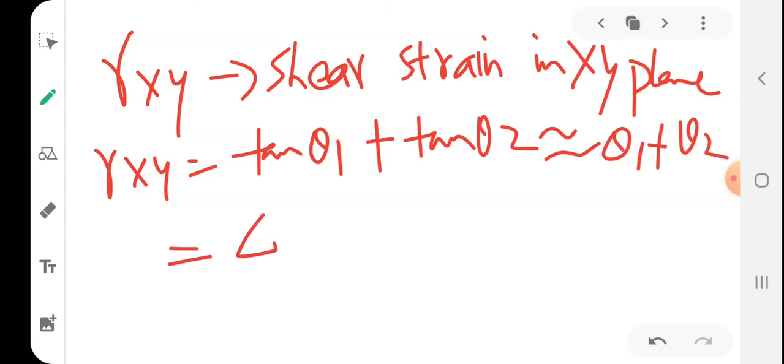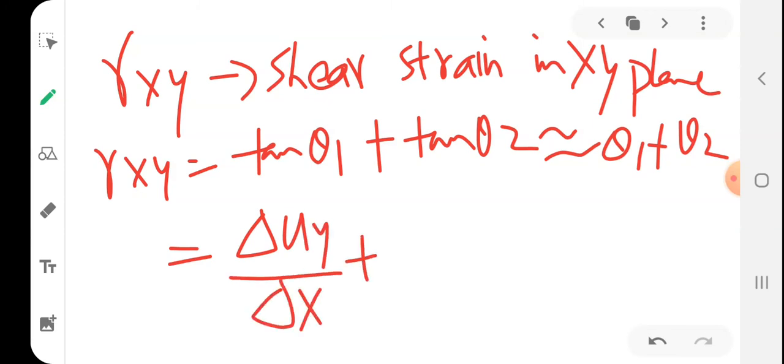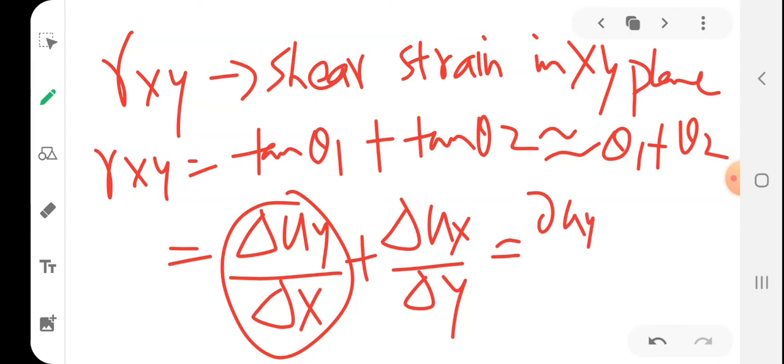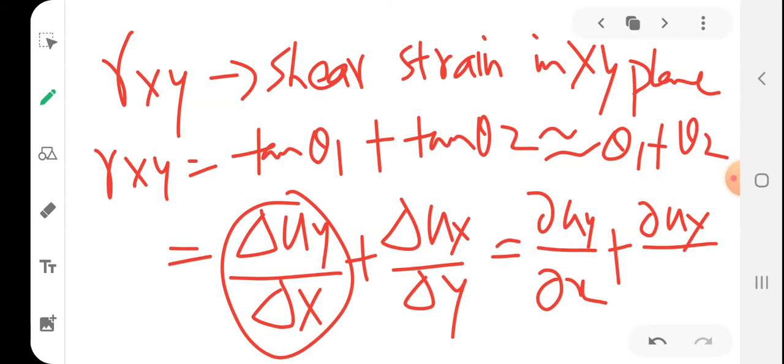It can be written in the form delta uy by delta x plus delta ux by delta y. Or this can be written as dou uy by dou x plus dou ux by dou y. If here it is y, here it should be x. If here it is x, here it should be y. So dou by dou x of uy plus dou by dou y of ux. So this is how we write shear strain in a plane.